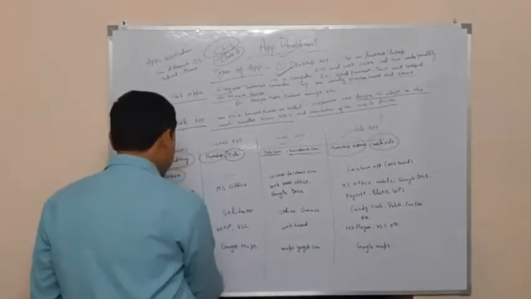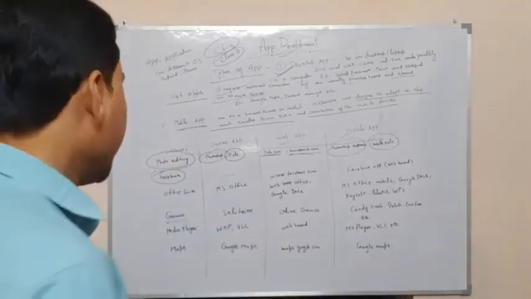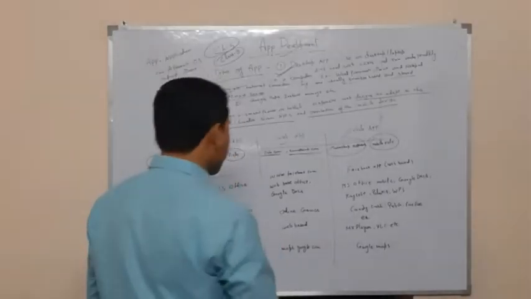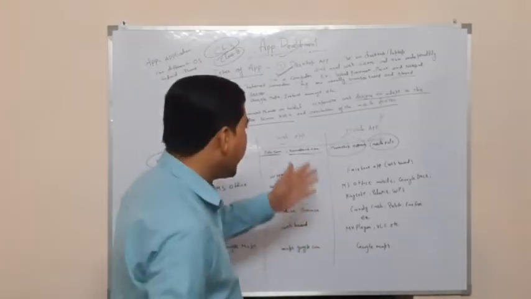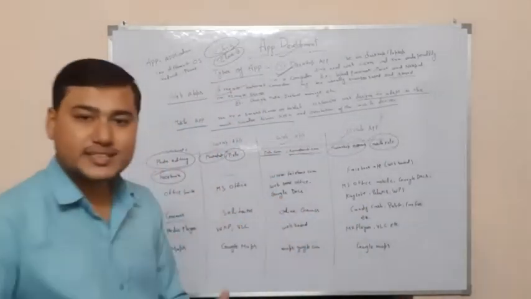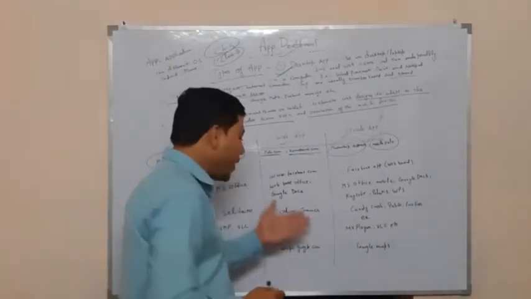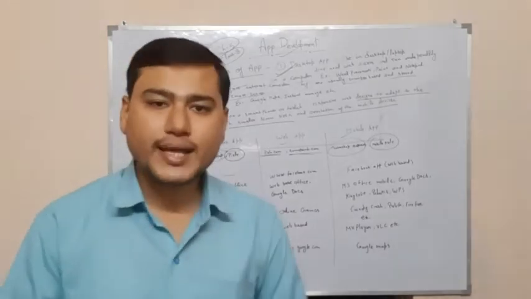Now games. Many of the games are available on our desktop, on the web, and on our mobile phone also. Talking about a desktop app, Solitaire is one of the apps which can be used on a desktop. Now web apps.